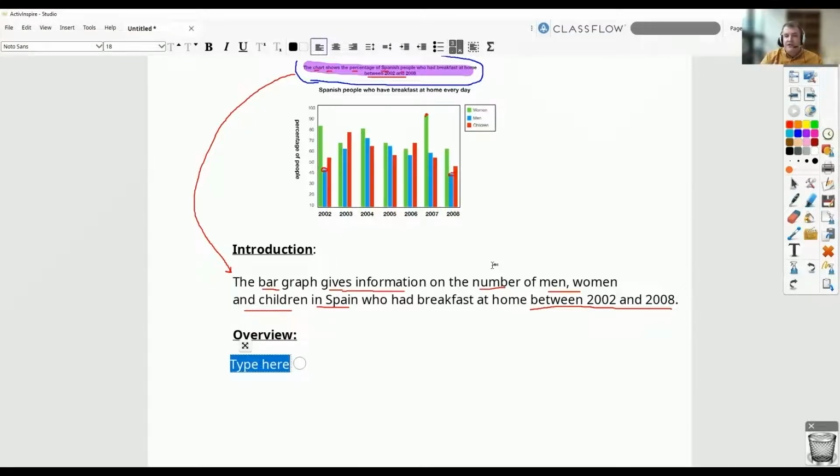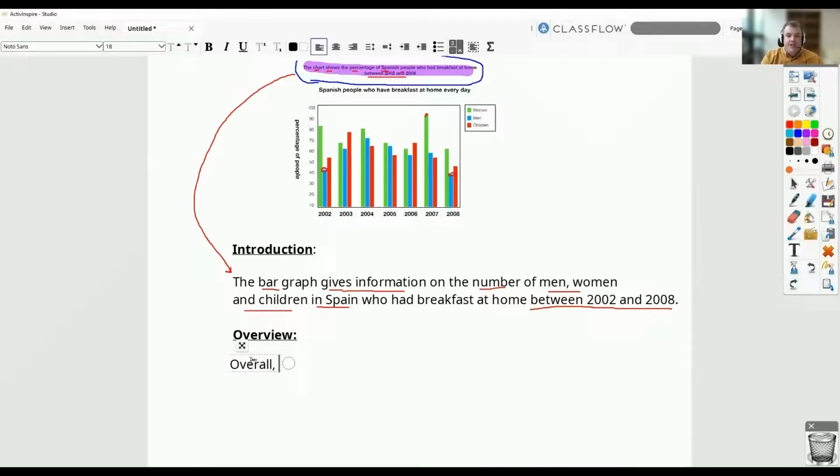So from 2002 to 2008, it has decreased. And definitely from 2003 up here to 2008, it has decreased. So I think that's an overall thing that we can mention. I recommend starting your overview with overall. You can use this word at the beginning of your overview almost every time.